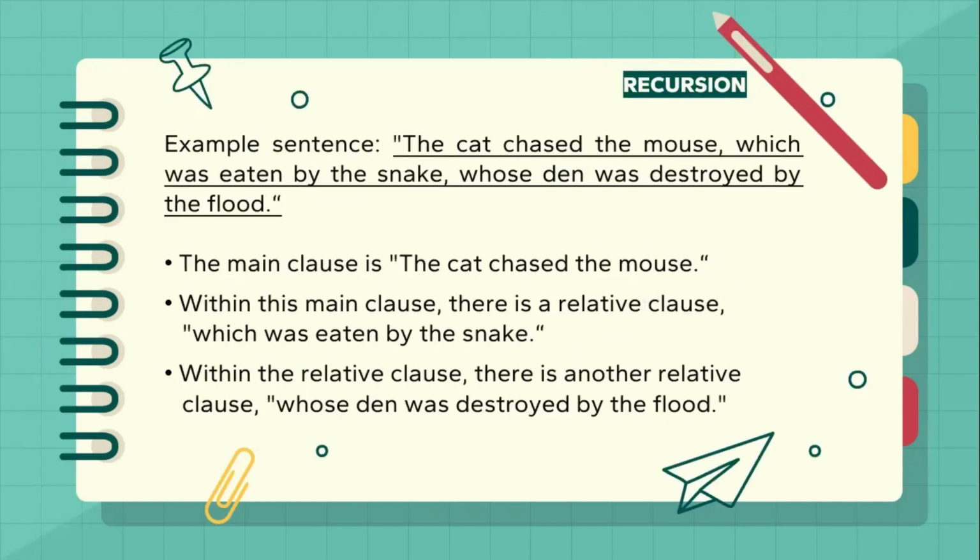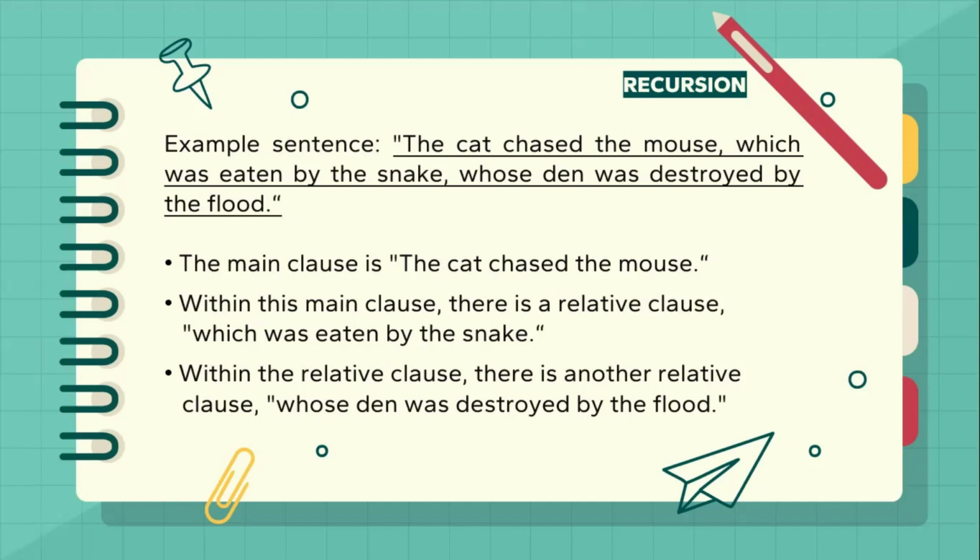As an example for recursion, we can look at this sentence. The sentence looks long, indeed, because it is embedded with additional sentences. And what is embedded still has a relationship with the original sentence. In this sentence, the main clause is the cat chased the mouse.